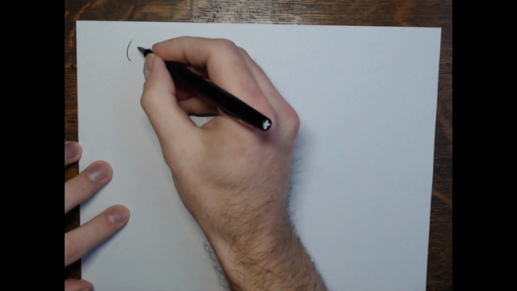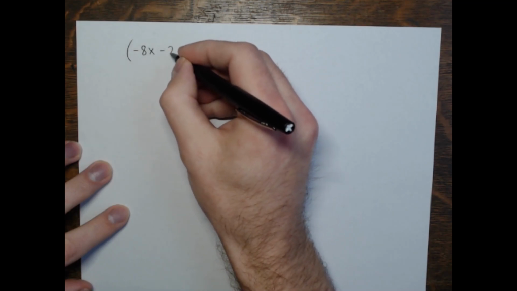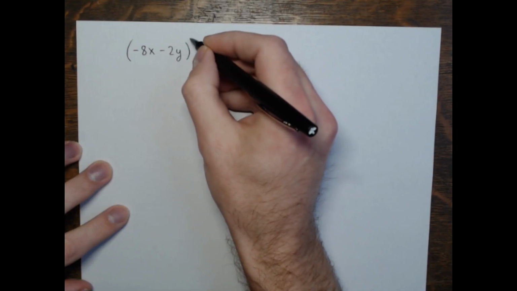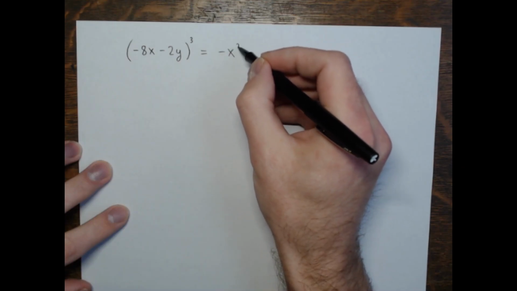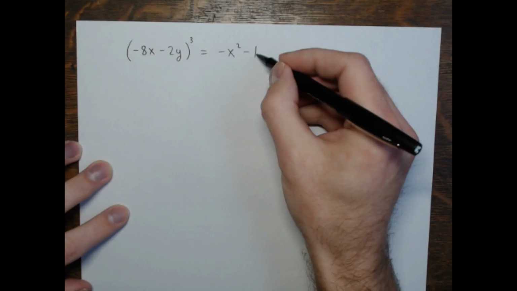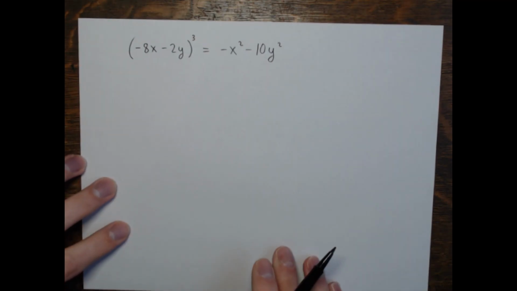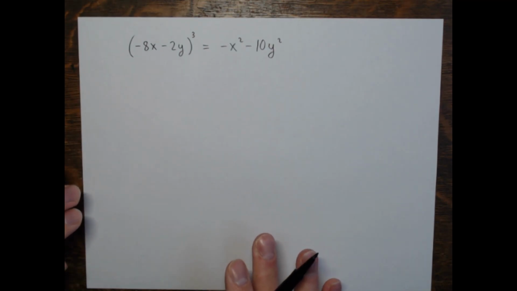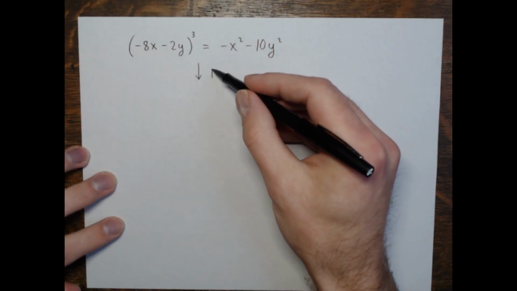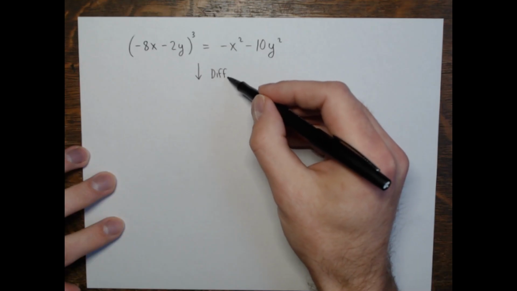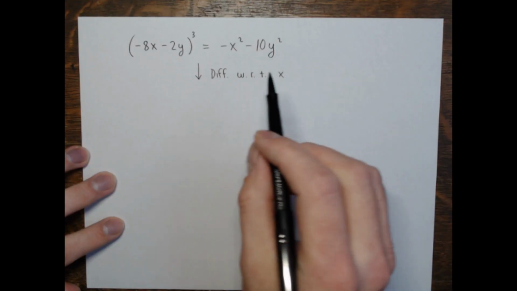You got the quantity -8x minus 2y, that whole thing cubed, equals -x squared minus 10y squared. So again, this is pretty similar looking to a couple questions ago in this particular objective. So again, I want an expression for the first derivative. Once again, differentiating both sides with respect to the independent variable x.